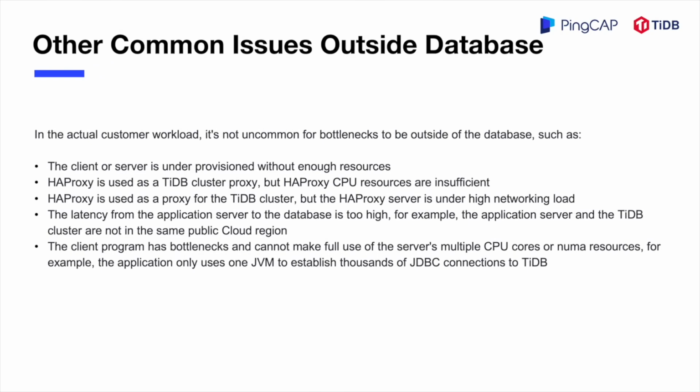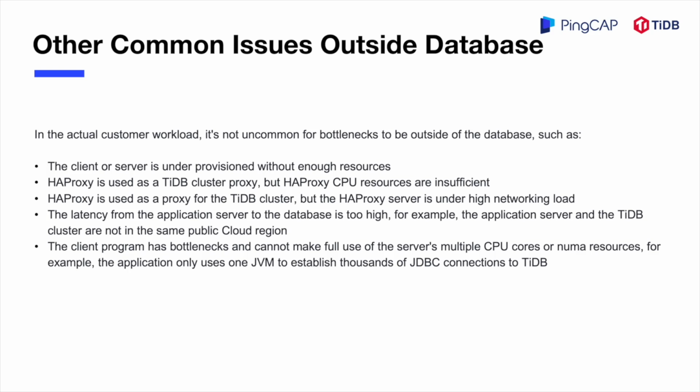Besides the two practical cases I just shared, what are some other performance issues that could be outside the database? For example, the client or server is under-provisioned without enough resources. HAProxy is used as a proxy for TiDB Cloud, but HAProxy CPU resources are insufficient. HAProxy is used as a proxy for the TiDB cluster, but the HAProxy server is under high networking load.